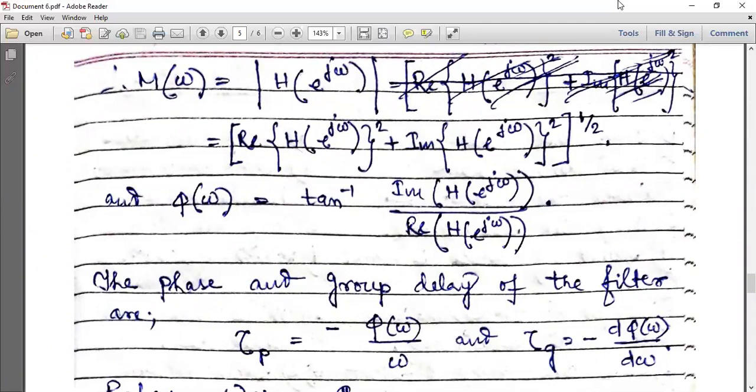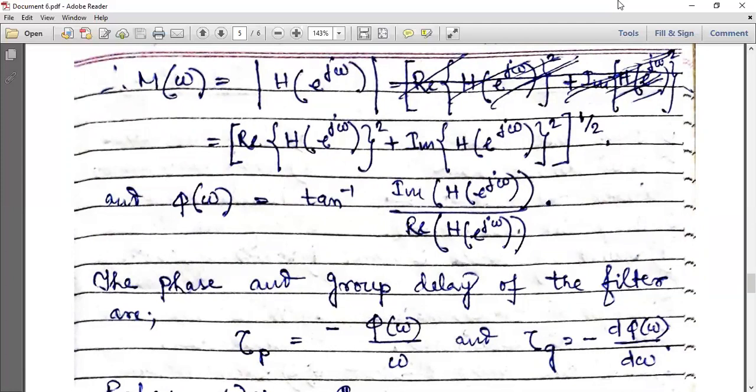Now, we have to find the magnitude and phase individually. So magnitude M of omega equal to mod of H of e to the power j omega. This can be split as the real part of H of e to the power j omega squared plus the imaginary part of H of e to the power j omega squared, whole to the power half. How do we find magnitude?